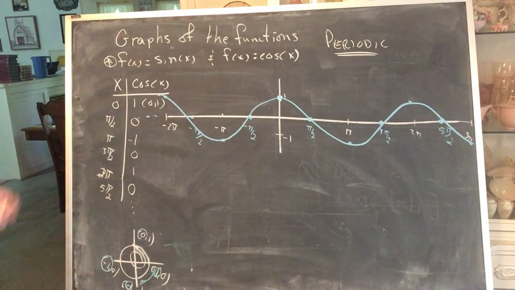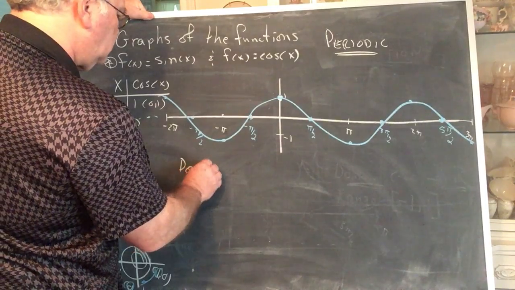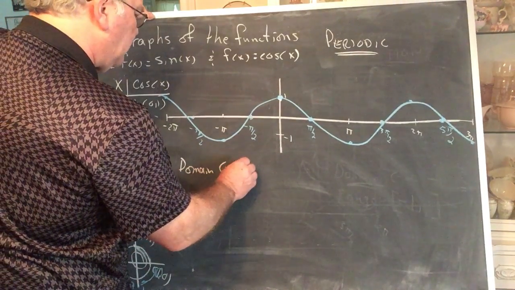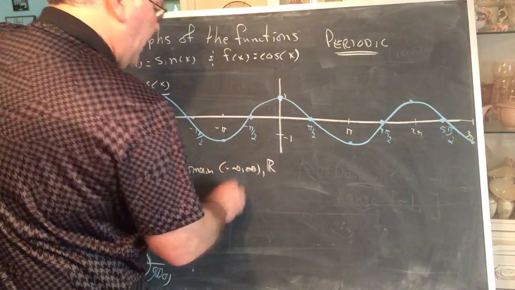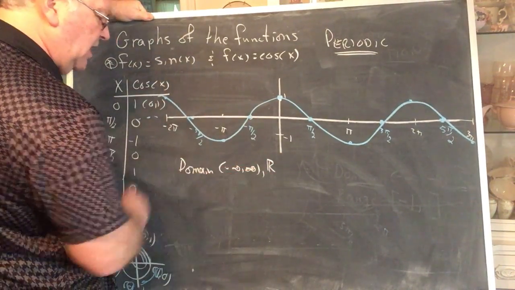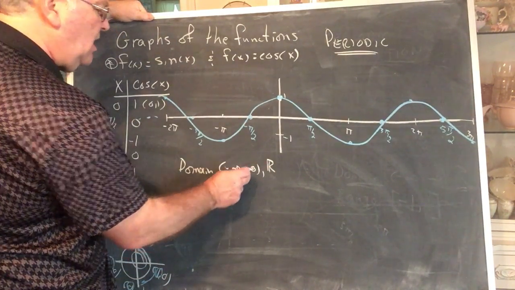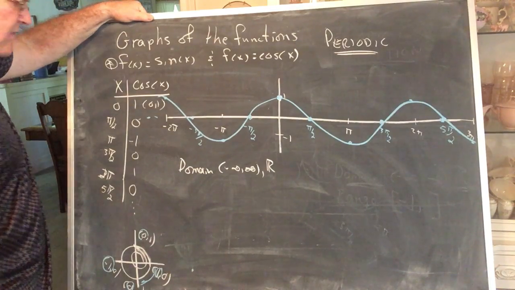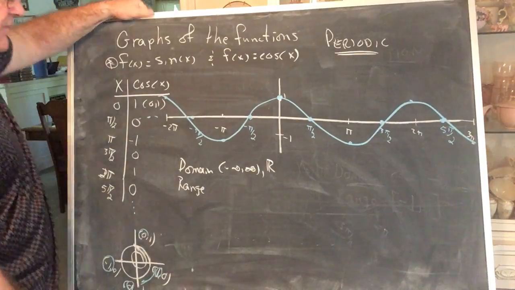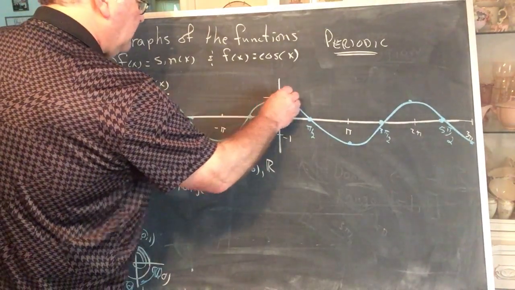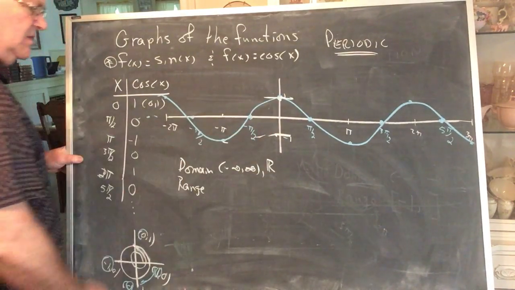So similar to the sine curve, the domain is all the real numbers from negative infinity to infinity. Or if you prefer, you may write, you don't have to write both of these, one or the other will suffice. You may write all the real numbers as the double stroke R, or the negative infinity to infinity version. The range, is it clear? The range of the cosine curve is the same as the range of the sine curve. The maximum value is 1, the minimum value is -1, and those values are achieved.